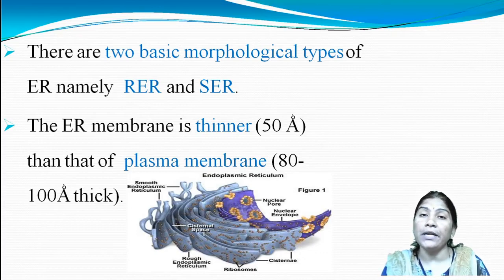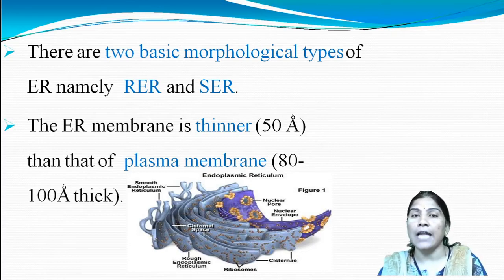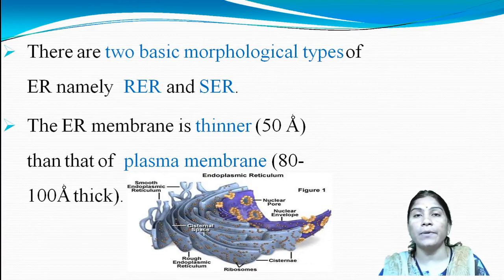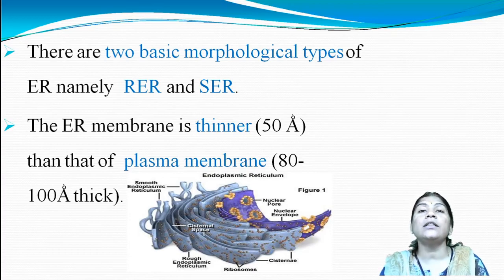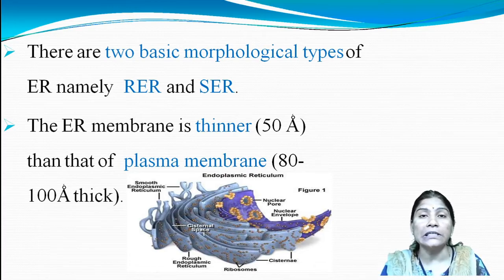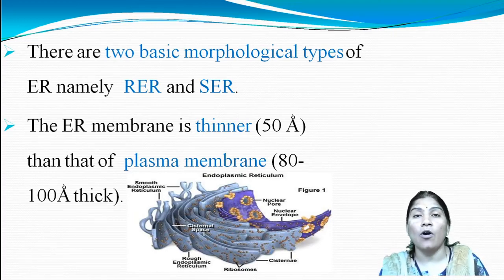Means the membrane of the endoplasmic reticulum has a thickness of approximately 50 angstrom, whereas the thickness of the plasma membrane is 80 to 100 angstrom. So compared to other organelles, the endoplasmic reticulum has a much thinner membrane.